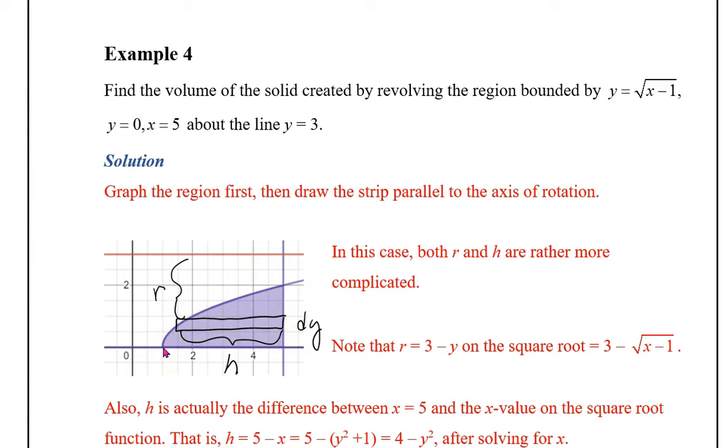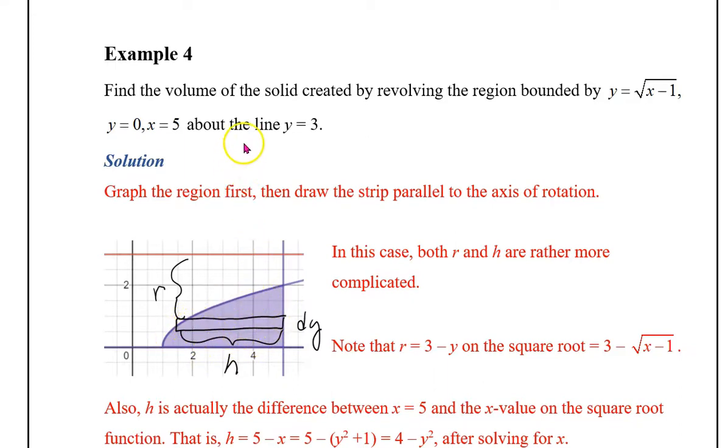The square root of x minus 1 is a square root function that's been shifted to the right by 1. Y equals 0 is the x-axis. X equals 5 is a vertical line on the end. That gives us this purple shaded region here.